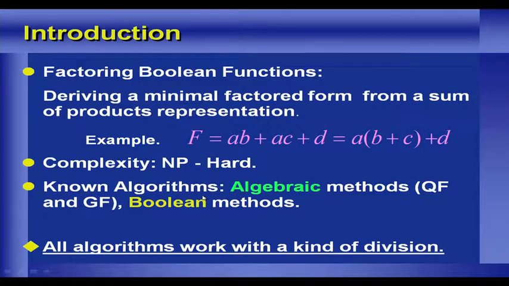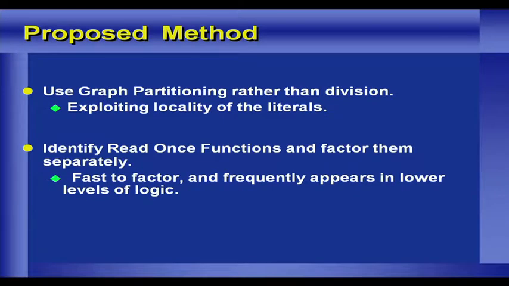Now, there are two known kinds of algorithms, the algebraic methods, like quick factor and good factor, and there are Boolean methods. And these are what are known in the, I guess, in the disciplines of electrical engineering and the bowels of the University of California at Berkeley. And all these algorithms work with some sort of technique called division.